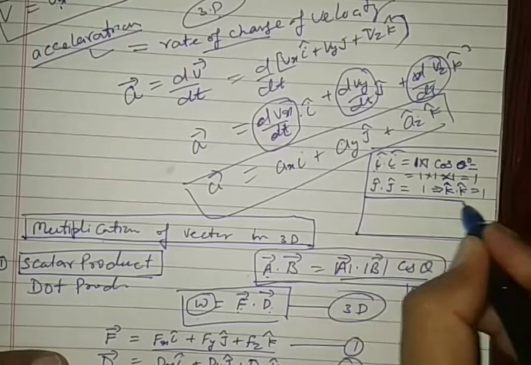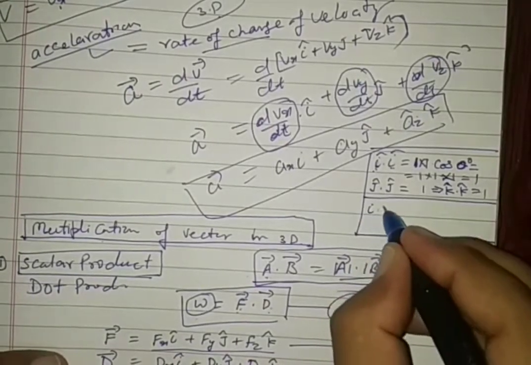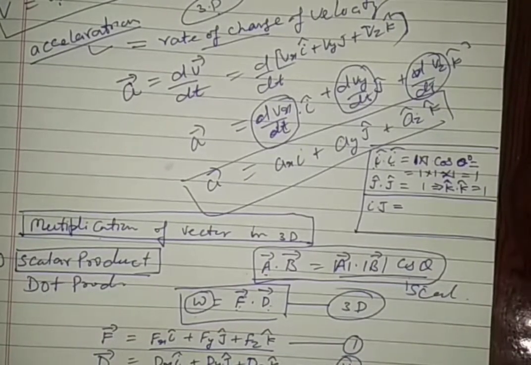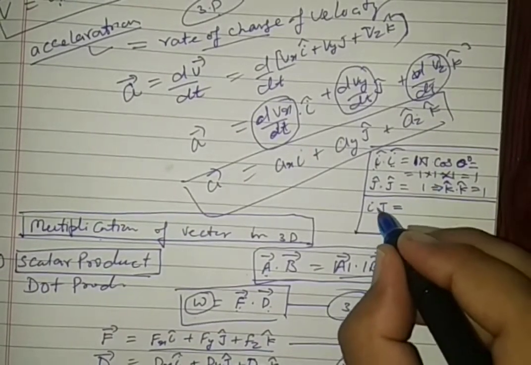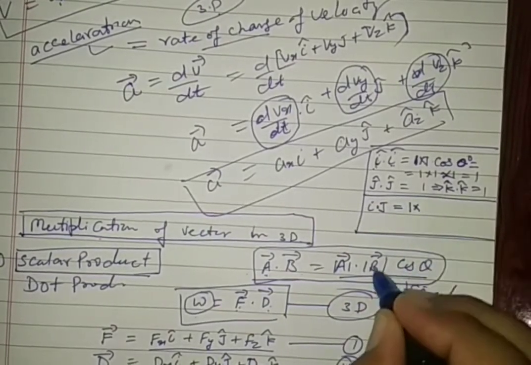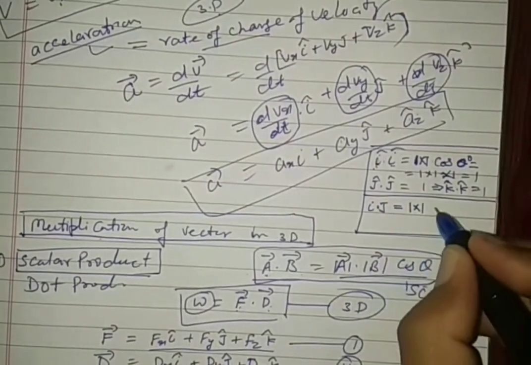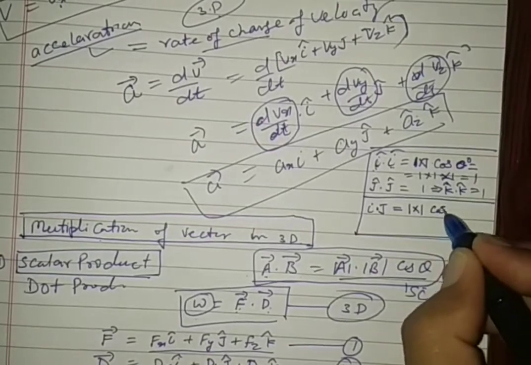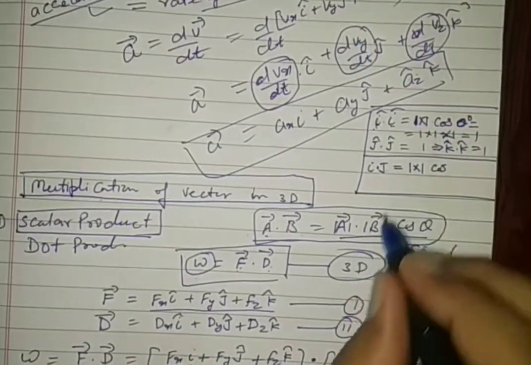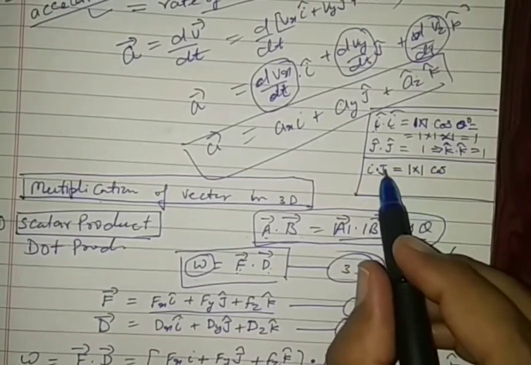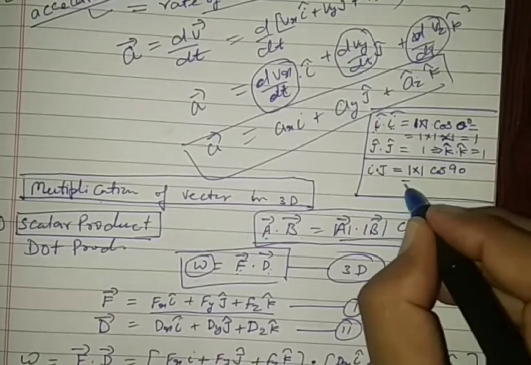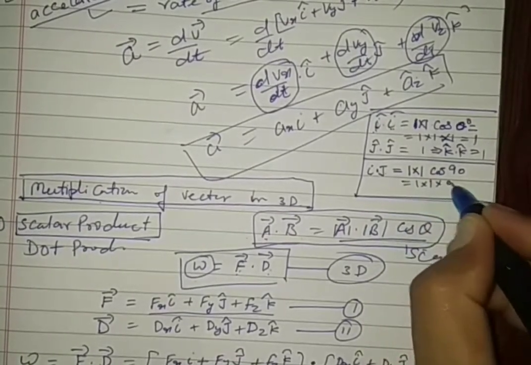But when we are going to obtain i dot j, its dot product according to the formula is magnitude of vector 1 into magnitude of vector 2 into cosine of angle between both. So i is along the x-axis and j is along the y-axis, so the angle is 90 degrees, and cos 90 is 0, so 1 into 1 into 0 is equal to 0.